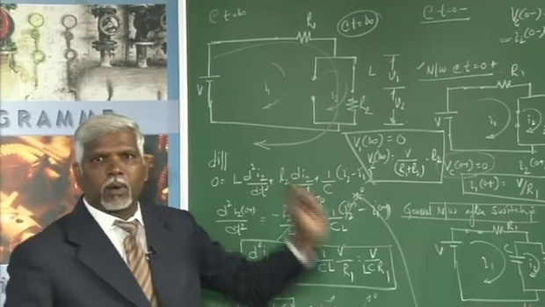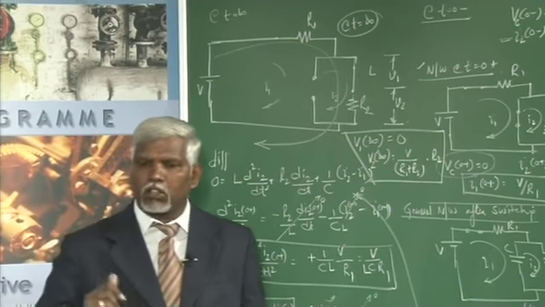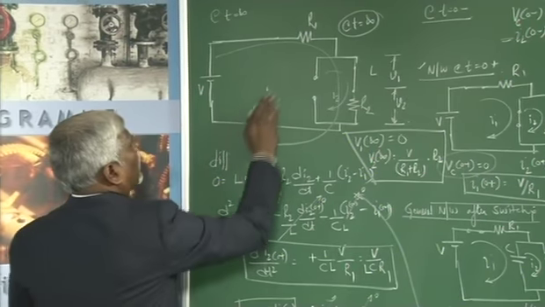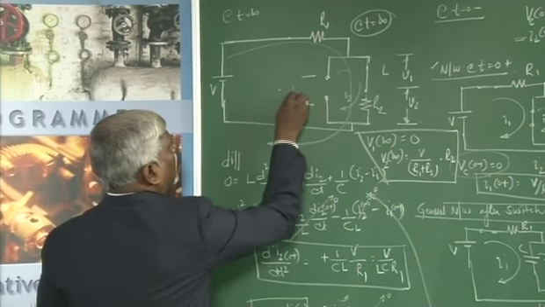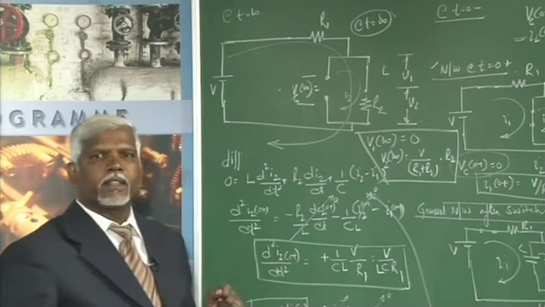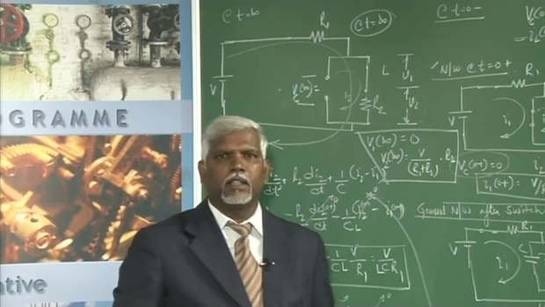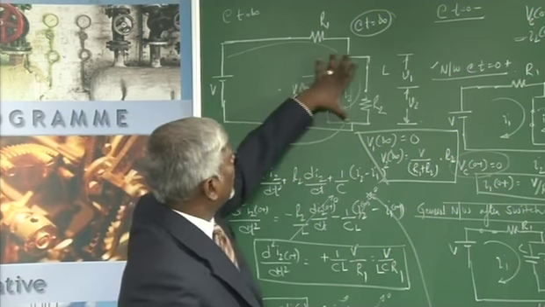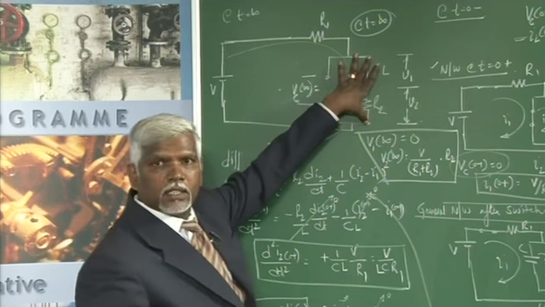If you just extend this problem slightly and see what is the voltage across your capacitor at t equal to infinity, which is not asked in the problem, but still out of interest, this capacitor voltage will be nothing but the voltage across this.